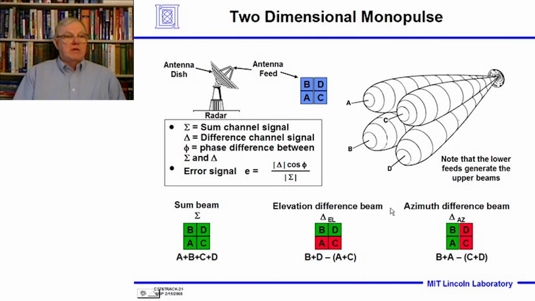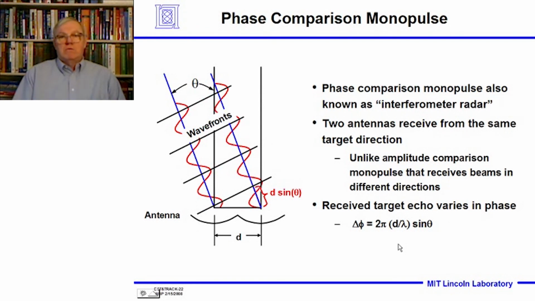And for the elevation difference, you'd take B plus D minus A plus C. And for azimuth difference signal, you'd take A plus B minus C plus D. But in this case, you need 3 receiver channels to process the 3 outputs: the sum, the elevation difference, and the azimuth difference.